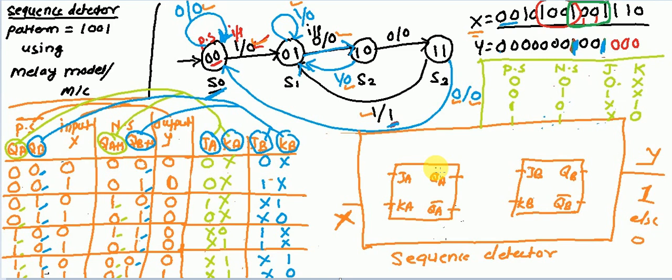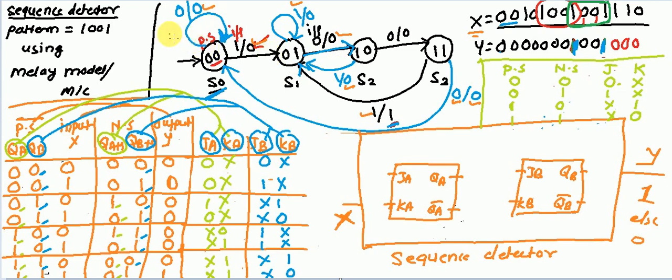Okay, so there are 4 states: 00, 01, 10 and 11. So here each state is associated with 2 transitions, 0 transition and 1 transition. Here pattern is 1001.